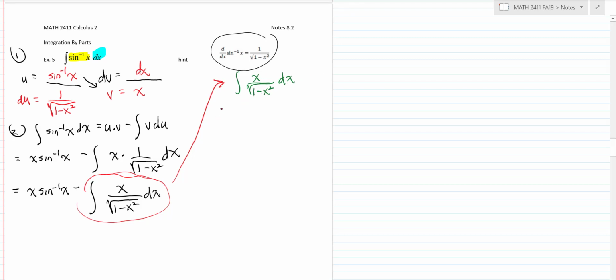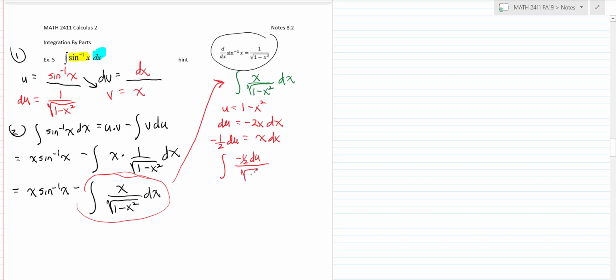Okay, so I'm going to say let u be what's under the radical, 1 minus x squared, and then du is going to be the derivative of that, which is negative 2x times dx. Then you can divide both sides by negative 2 to get negative 1/2 du is equal to x dx. Okay, so then we're ready to put this together now, so x dx becomes negative 1/2 du.